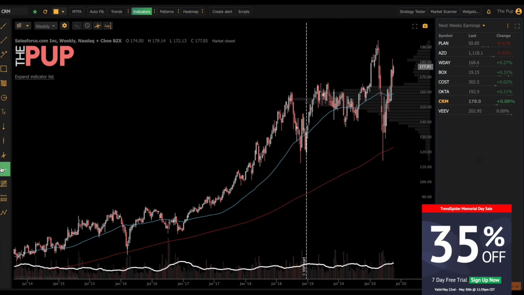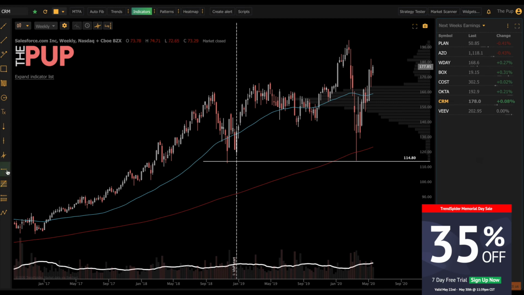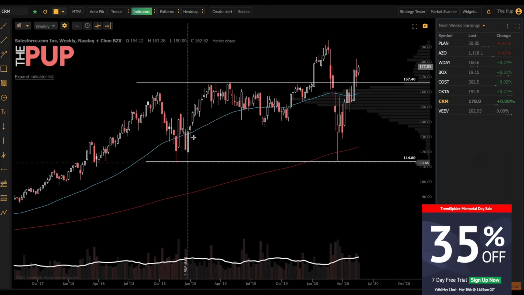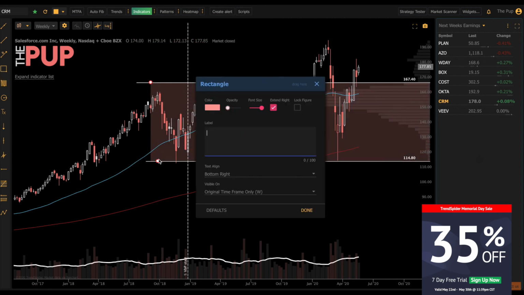You could see we had some horizontal support right around the 115 level. And then we had some top line resistance here at the 167 level. So you see price bounced around in this kind of range. Sometimes I put a range box just to illustrate where price has been.